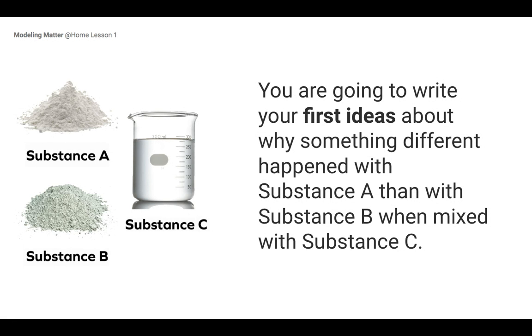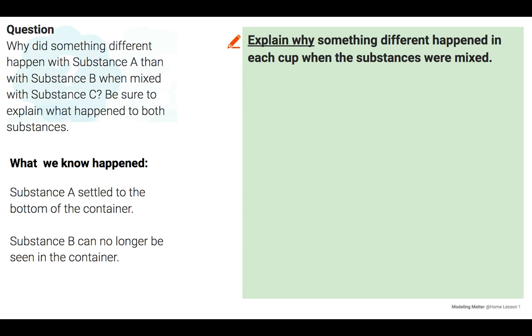You are going to write your first ideas about why something different happened with substance A than what happened with substance B when each was mixed separately with substance C. Question: why did something different happen with substance A than with substance B when they were mixed into substance C?